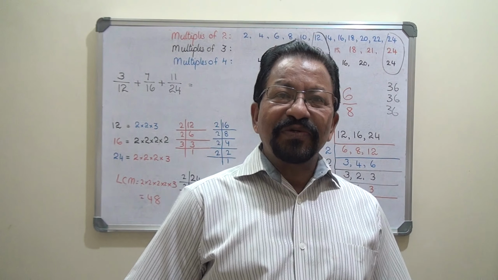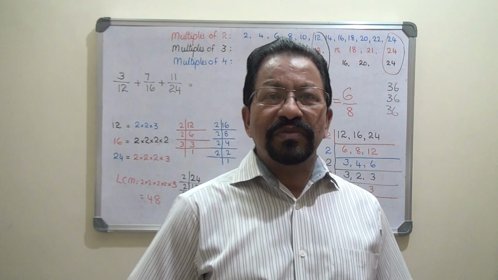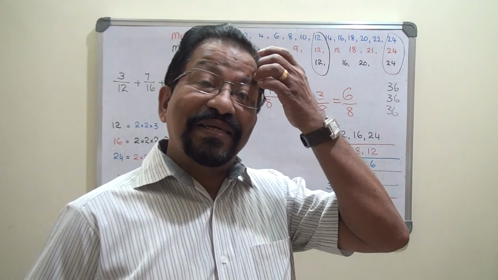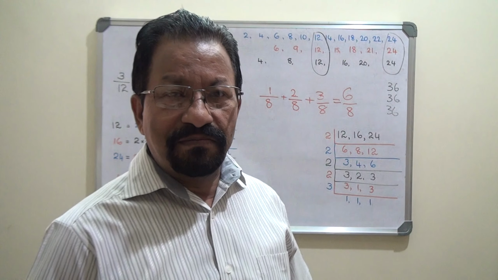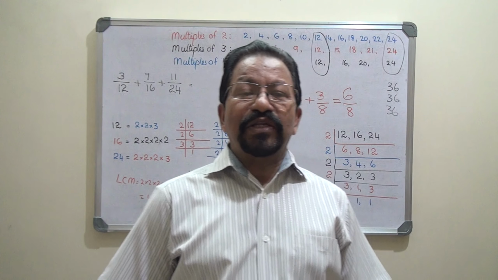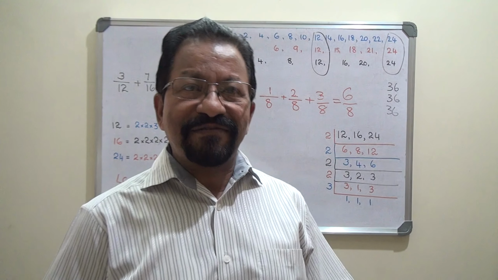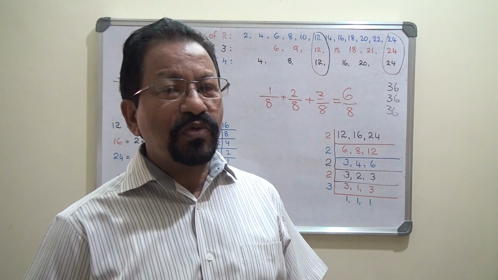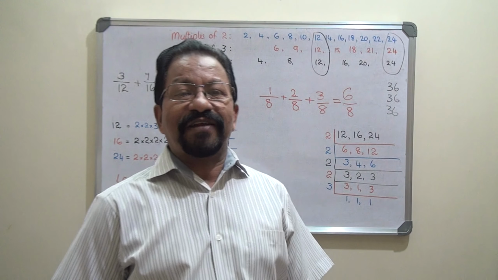From that question we deviated our class to the details about fractions. A fraction has a numerator and a denominator, and based on the numerator and the denominator, fractions are classified into 3 types. Those details are completed. Now we are coming back to the addition of fractions.